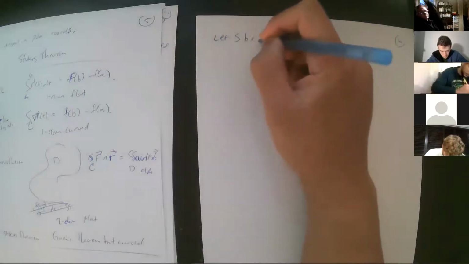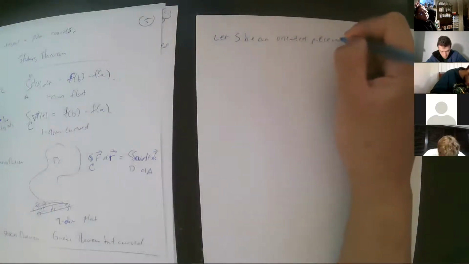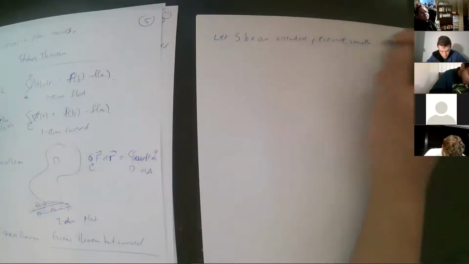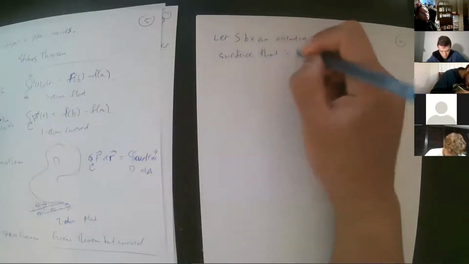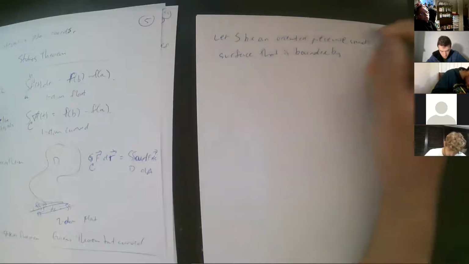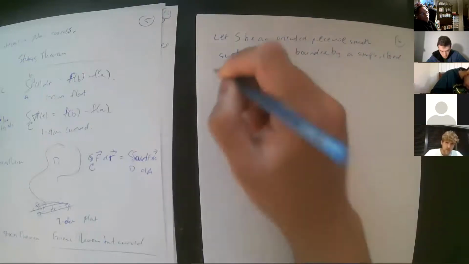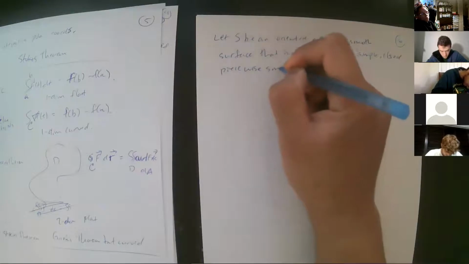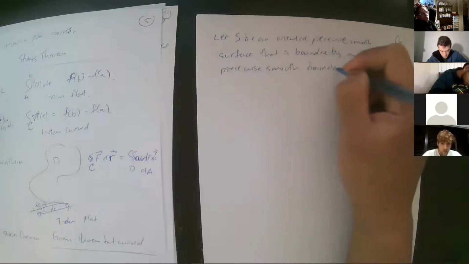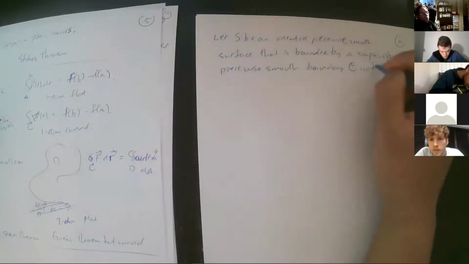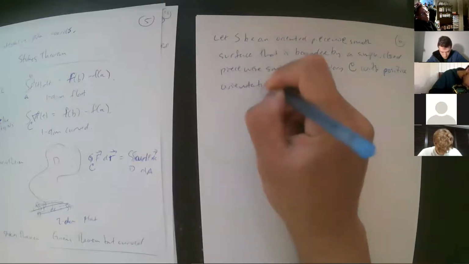Let S be an oriented, piecewise smooth surface that is bounded by a simple closed piecewise smooth boundary C with positive orientation. There's lots of stuff here. We'll go through it in just a moment.